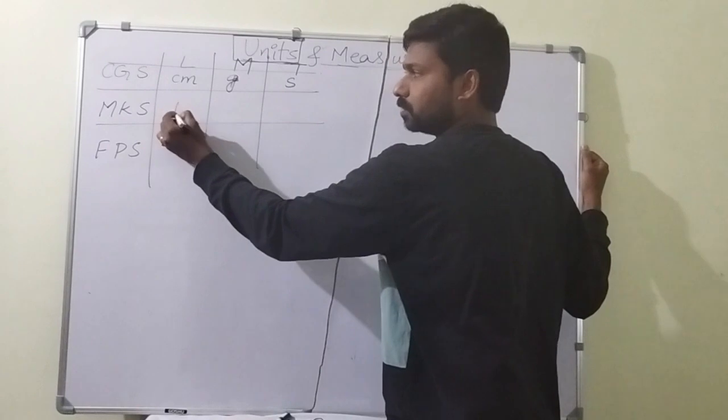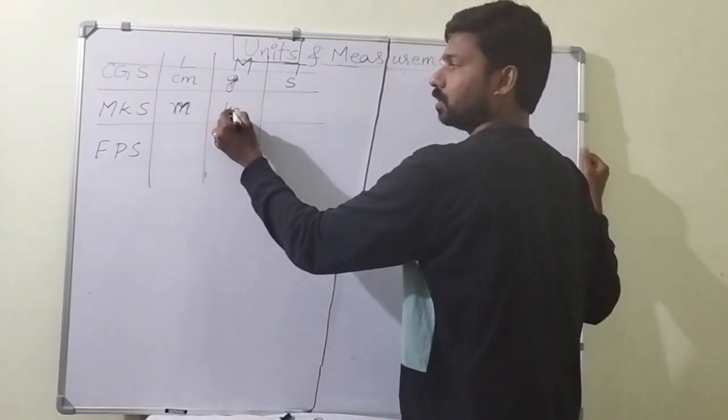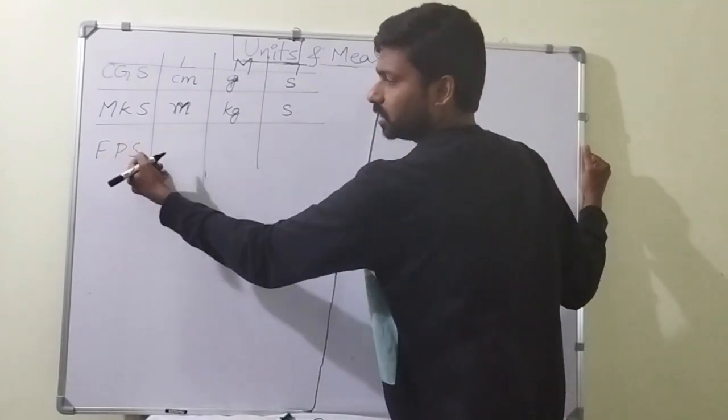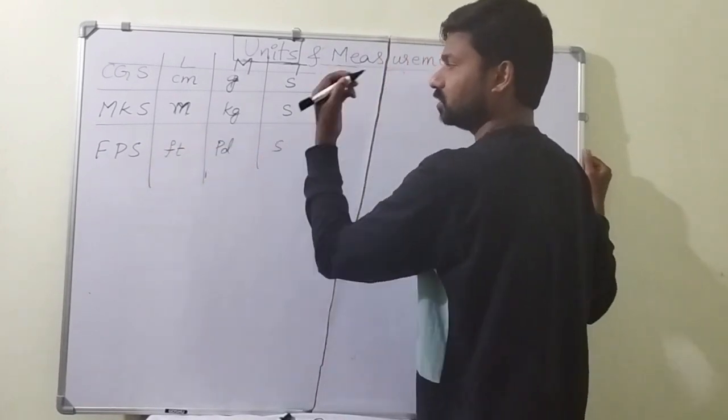In the MKS system, length is in meter, mass in kilogram, and time in seconds. Whereas in the FPS system, it is foot, pound, and second.